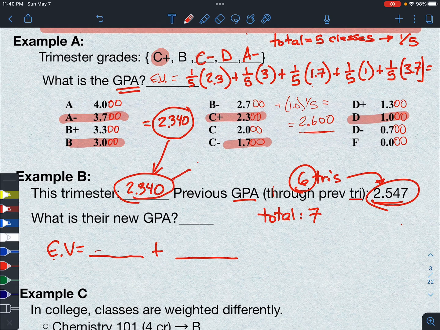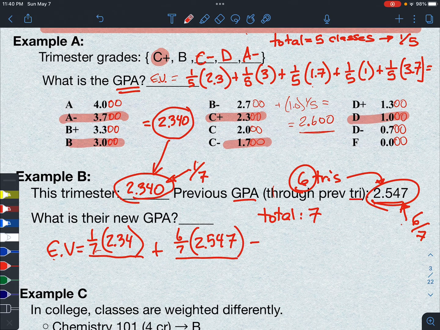And this first one that we had was only 1 out of the 7 trimesters. But this one here is 6 out of the 7 trimesters. So I'm going to take 1/7 times 2.34 plus 6/7 times 2.547. And that's going to give us a total.